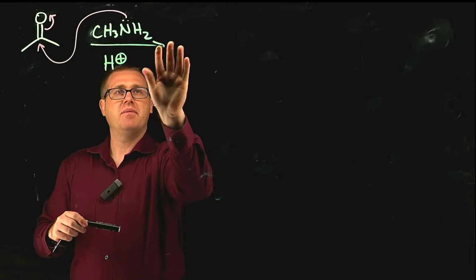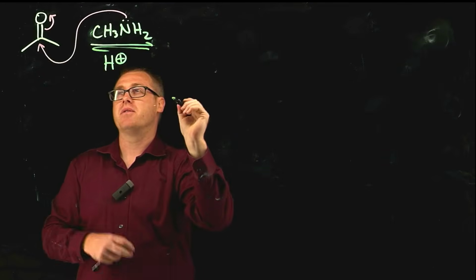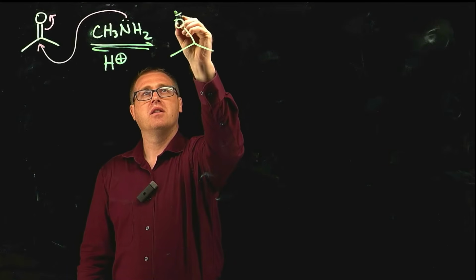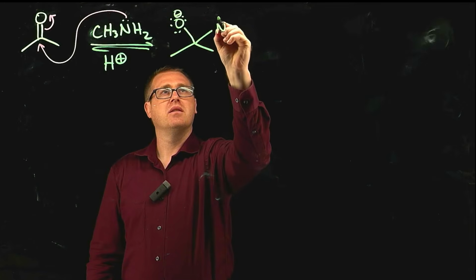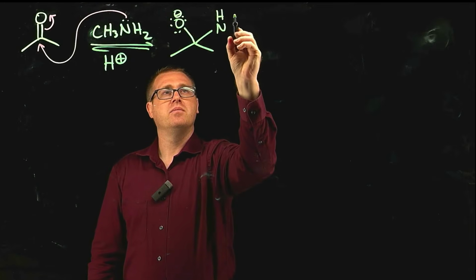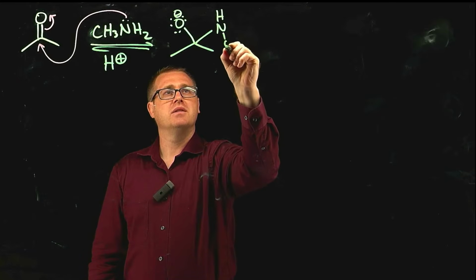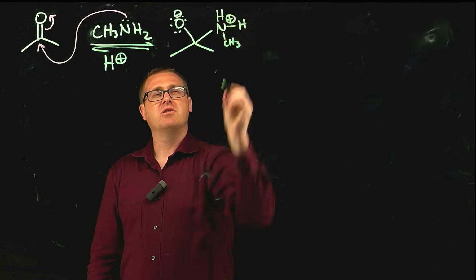And every step in this process is going to be reversible. So what we did first is this. And then we have our CH3 and our hydrogen. That's going to be protonated.